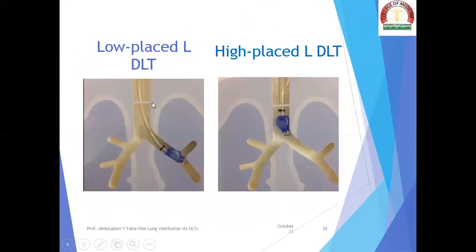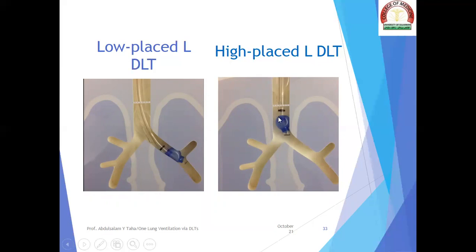And here you can see a low-placed left-sided double lumen tube in which the bronchial balloon is blocking the left upper lobe, and there is only a possibility of ventilation of the left lower lobe.